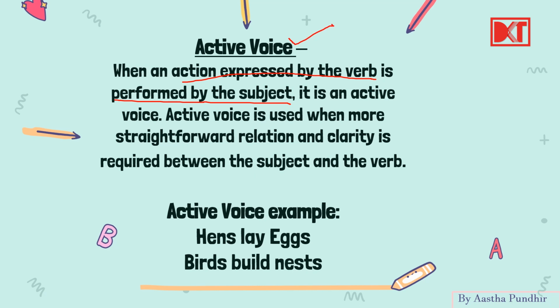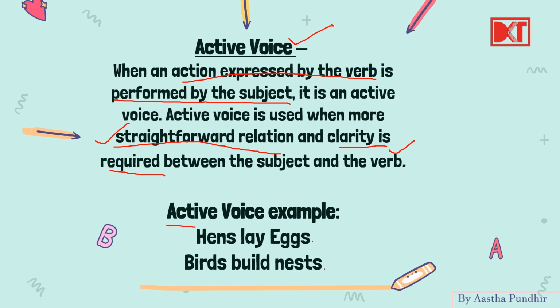So active voice is used when more straightforward relation and clarity is required between the subject and verb. मतलब active voice हम use करते हैं जब हमें straightforward sentence relations बताने हैं, एक subject और verb में clarity चाहिए. All right. Now you will see these are pretty straightforward sentences. Passive voice कुछ लोगों को काफी confusing भी लगती है.